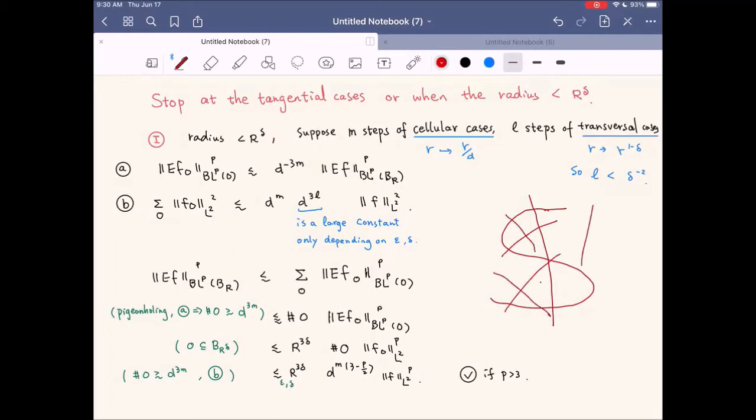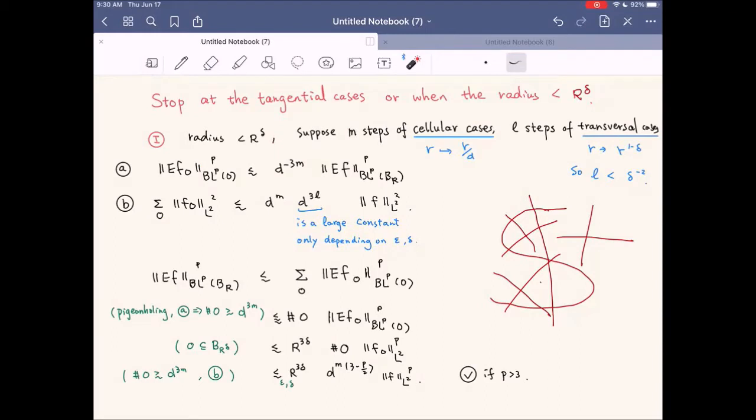At each step, we make the radius of the ball smaller. We will only stop when the radius is smaller than R to the delta, or we stop when we are in the tangential case, because we know how to do our estimates in the tangential case.